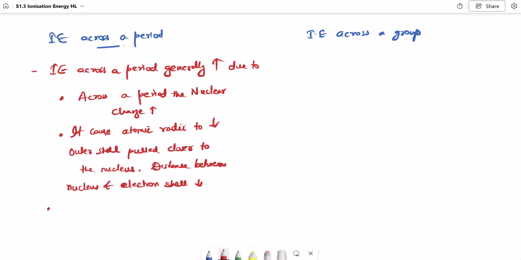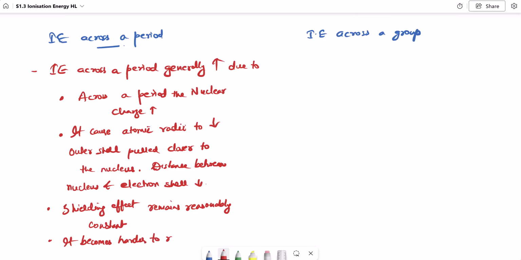The shielding by inner electrons is reasonably constant. So the shielding effect remains reasonably constant. And when it is constant, it becomes harder for an electron to be taken out, right? So it becomes harder to remove an electron, right?